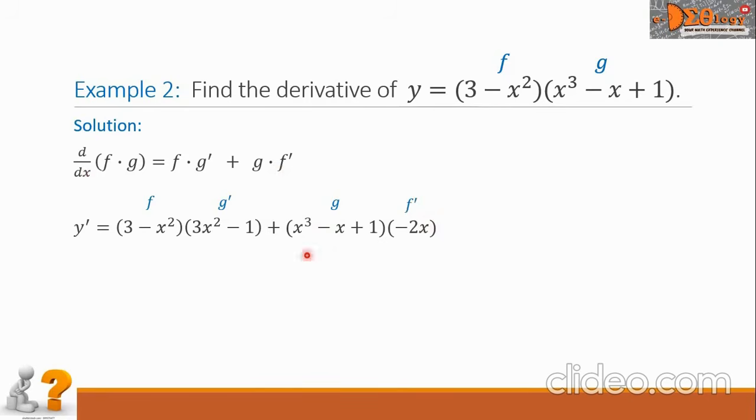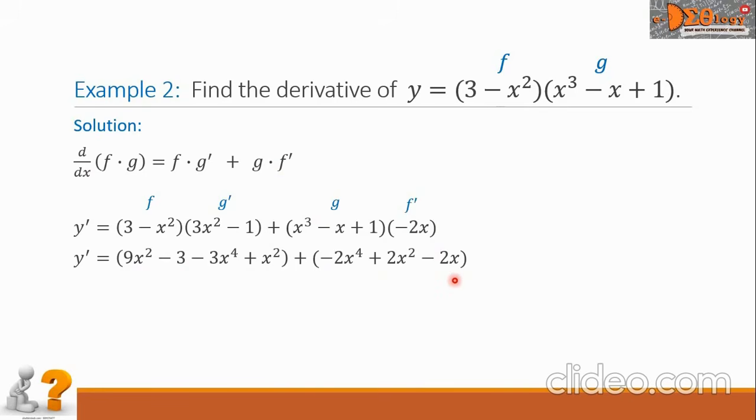Let us simplify the products respectively. So we have y prime equals 9x squared minus 3 minus 3x raised to 4 plus x squared. Then plus the second group will be negative 2x raised to 4 plus 2x squared minus 2x.